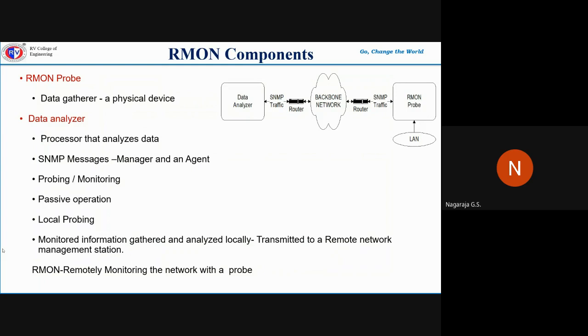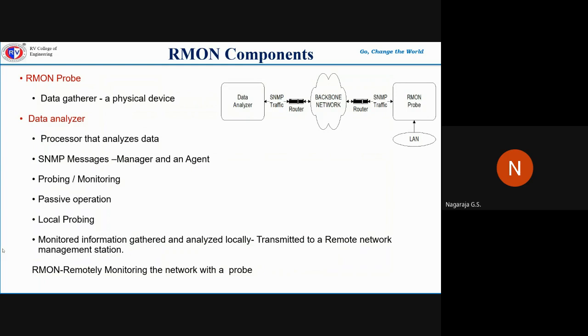The RMON probe gathers the data from the physical local area network or a device, whatever it is. And you have a data analyzer. The data analyzer uses a processor to analyze the data, and it also uses SNMP messages, where the SNMP messages communicate between the manager and an agent, and you can observe that from this diagram as well.